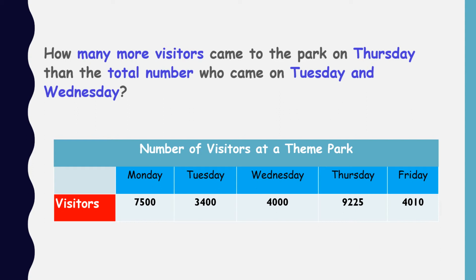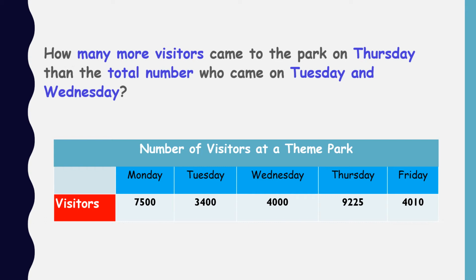They have given us a table which shows the number of visitors on each of these days. On Monday, there were 7,500 visitors, on Tuesday 3,400, on Wednesday 4,000, on Thursday 9,225, and on Friday 4,010 visitors.